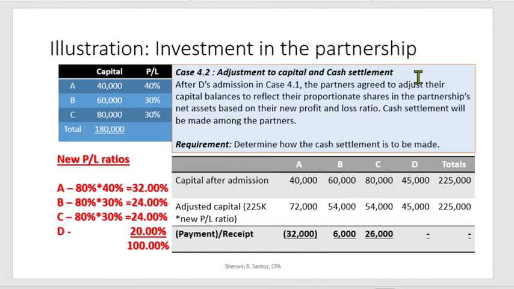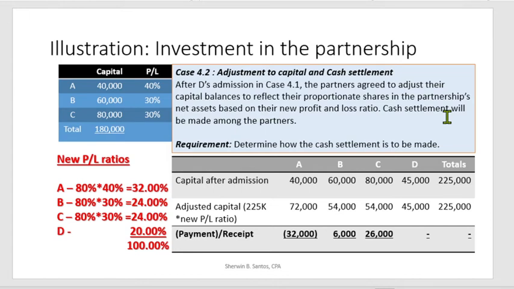So, ang sabi, the partners agreed to adjust their capital balances to reflect their proportionate shares in the partnership net assets based on their new profit and loss sharing ratio. Cash settlement will be made among the partners. So, let us first compute.